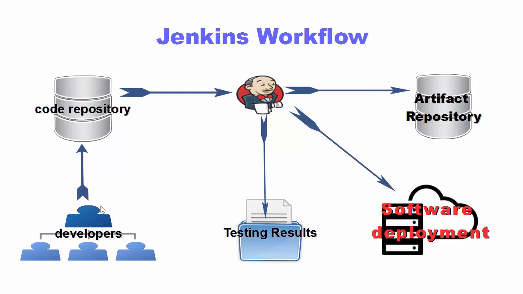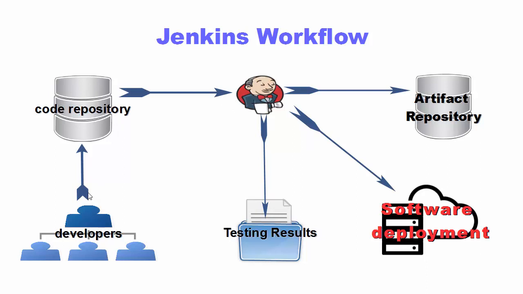So you can see here are your developers who are going to develop some code, and they are going to commit their code into code repositories such as Mercurial, Git or Subversion, and this commit of changes of code will be automatically detected by Jenkins.